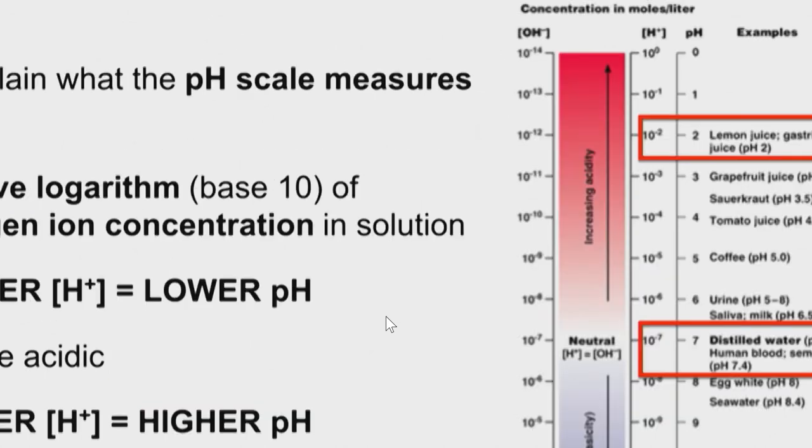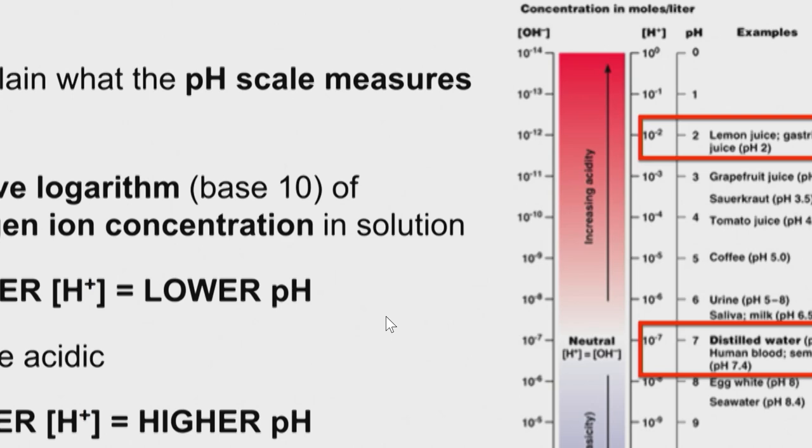Here's our scale that I was talking about. This is a base 10, logarithmic scale. Notice that as we go from 1 to 2, for example, we're talking about 10 to the minus 1 and 10 to the minus 2.